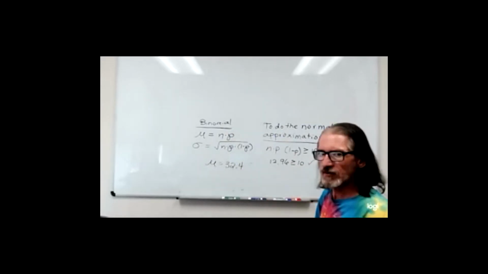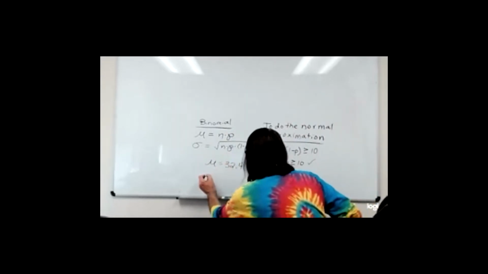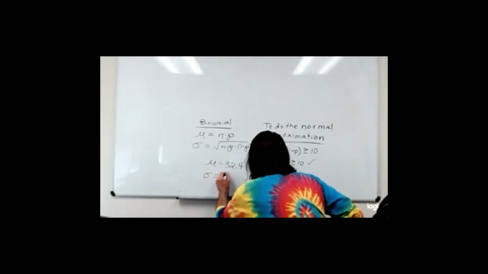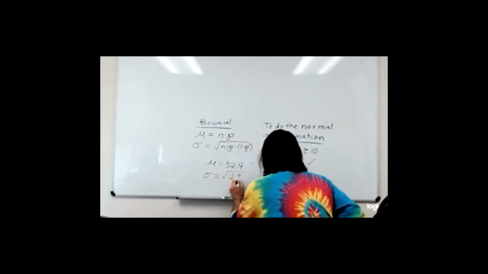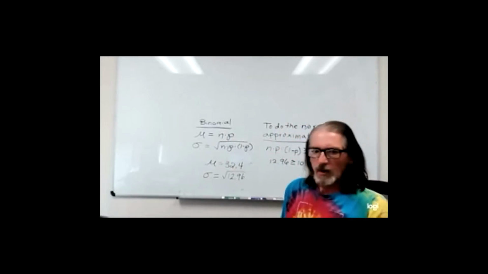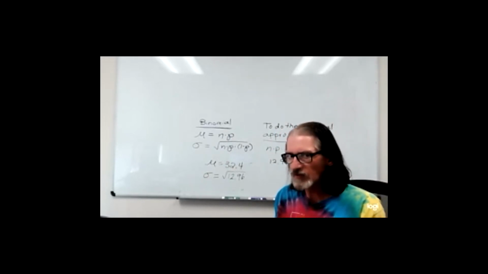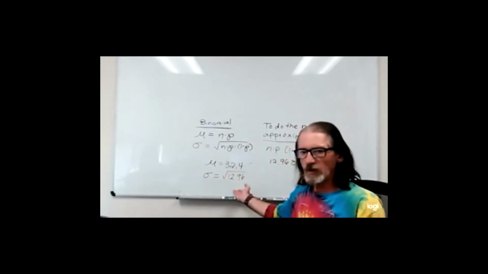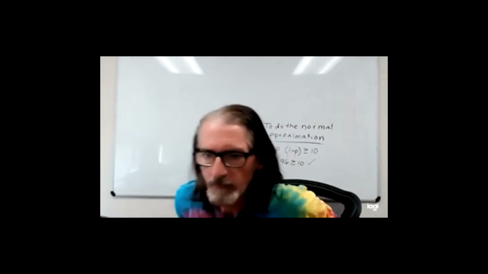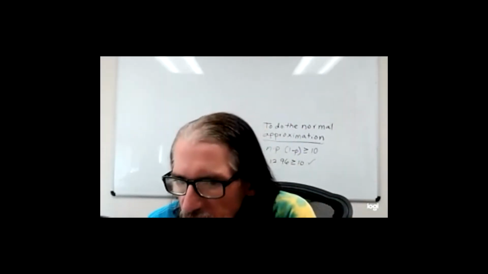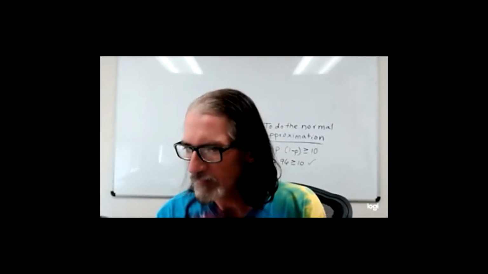And our standard deviation is just going to be the square root of that 12.96. If you're not asked to express that as a decimal, then we can leave it like that. I want you to resist the urge to round whenever you like at whatever step to whatever place.